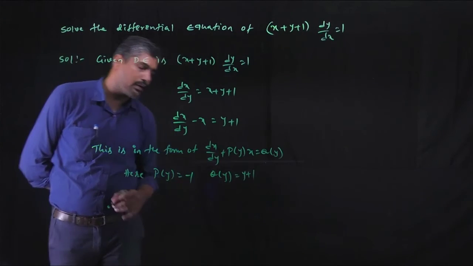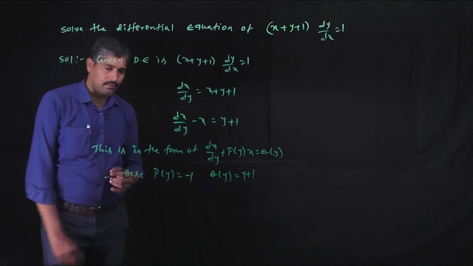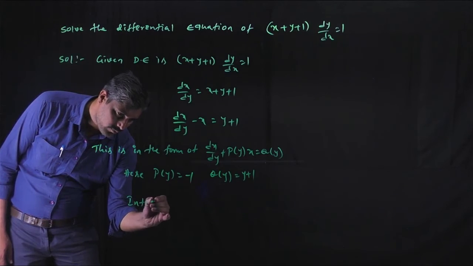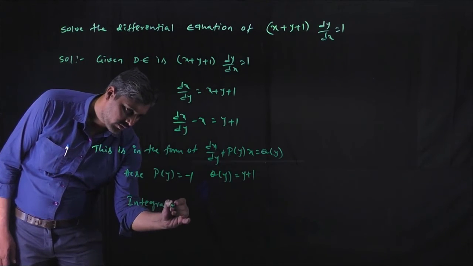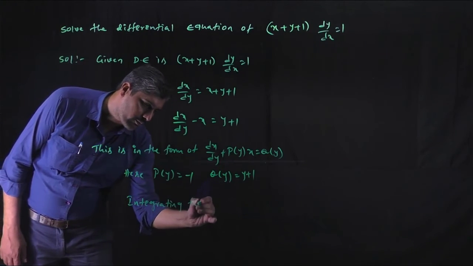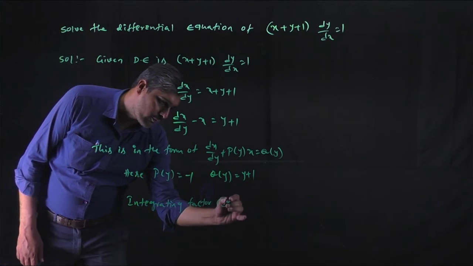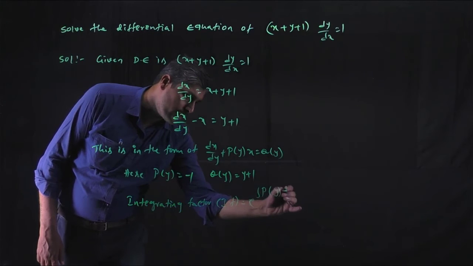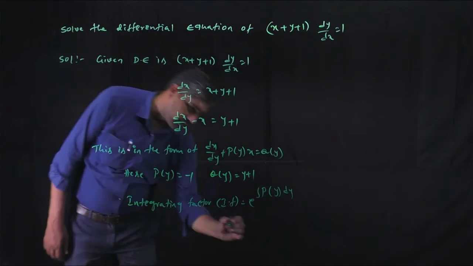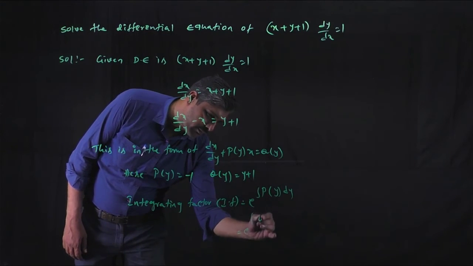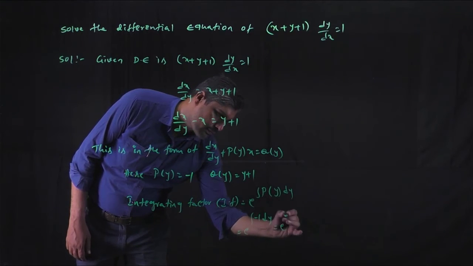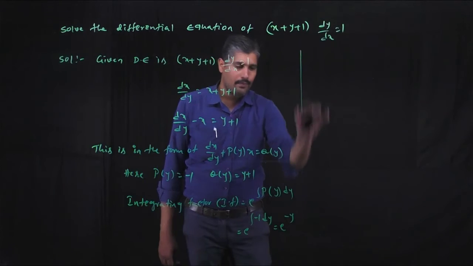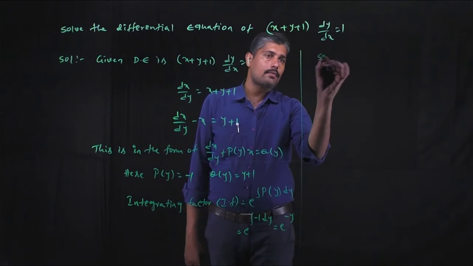Then integrating factor equal to e power integral p of y dy. That is equal to e power integral minus 1 dy, that equals e power minus y.